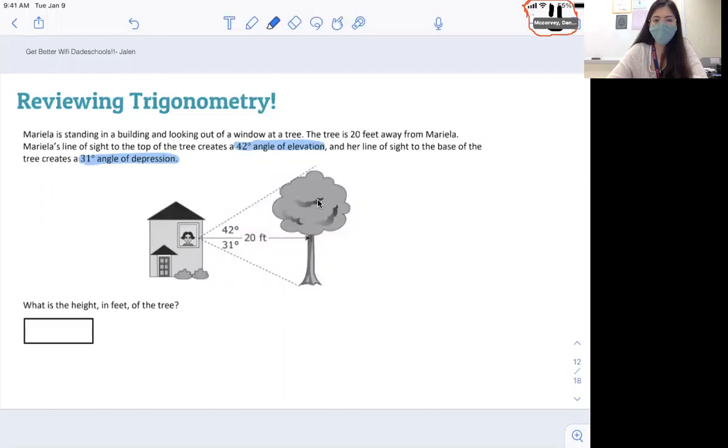So the height of the tree is going to be split up into two parts. Let's call this one X, and let's call this one Y. Let's start with X. What relationship can I use between the 20 and the X and the 42-degree angle?